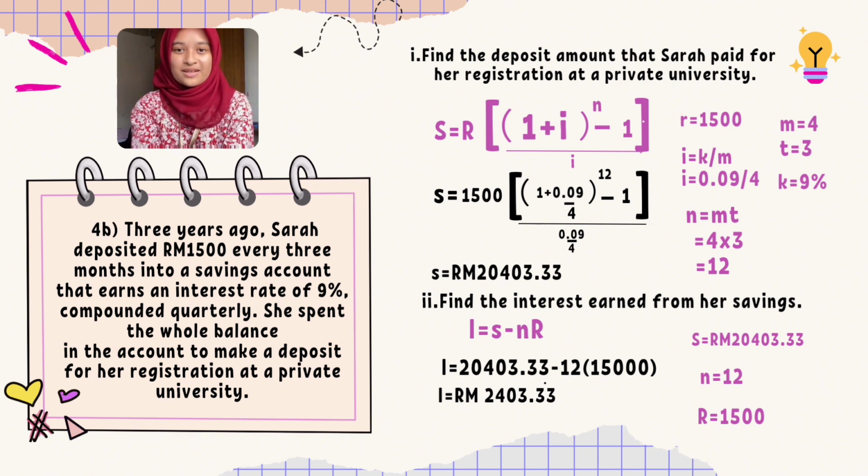To find the deposit amount, we use the formula S equal R multiple open bracket 1 plus I close bracket power of n minus 1 over I. So S equal 1,500 multiple open bracket 1 plus 0.09 over 4 close bracket power of 12 minus 1 over 0.09 over 4.